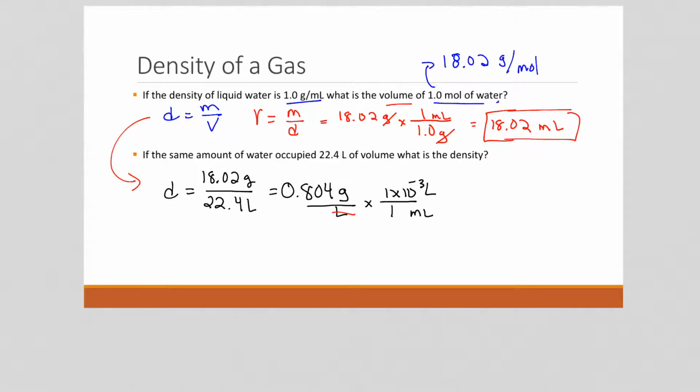So my liters cancel, and I get 0.000804 grams per milliliter. Or, if you want to write it in scientific notation, a little easier to see, 8.04 times 10 to the negative 4th grams per milliliter.